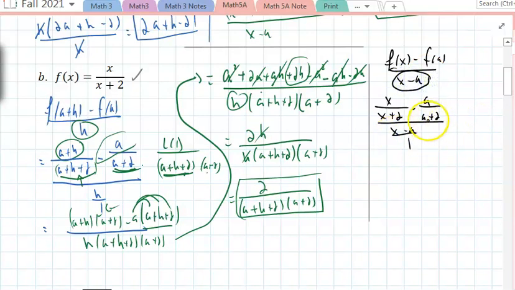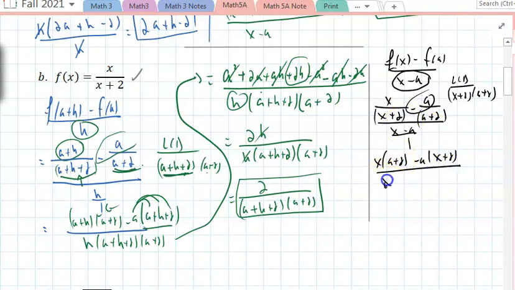Again, complex fraction. The LCD is x plus 2 into a plus 2. So in this case, this is missing an a plus 2 minus a. This is missing an x plus 2, and the denominator is missing both.